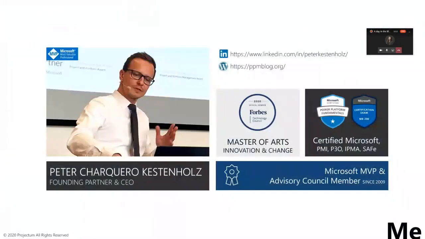So first off, my name is Peter, and I have been working with Microsoft Project and Microsoft since 2004, only focusing on project portfolio management and how that works together with the Microsoft technology. I have been lucky enough to be nominated as a Microsoft MVP in Microsoft Project for the last 10 years. And this year, I'm also in the Power Apps or Business Applications track as an MVP, so actually two.